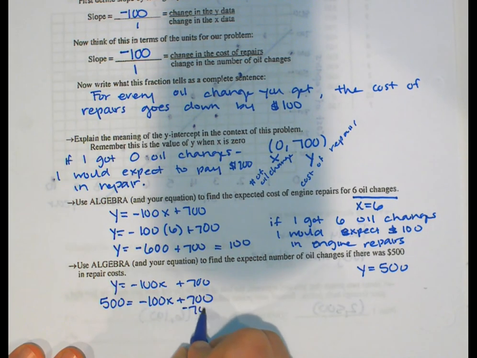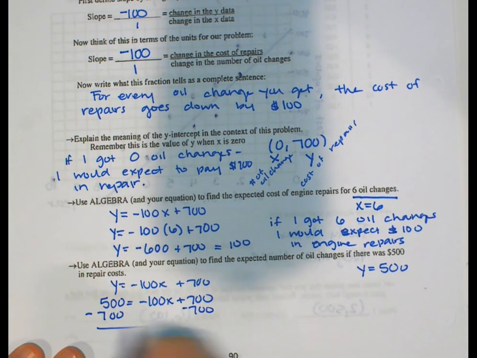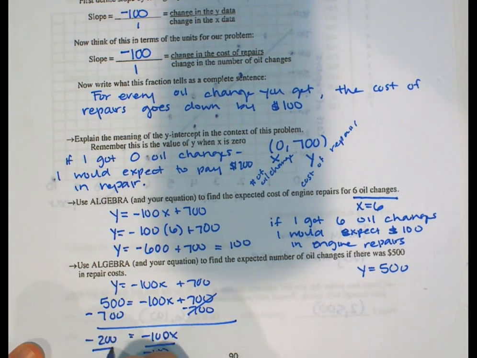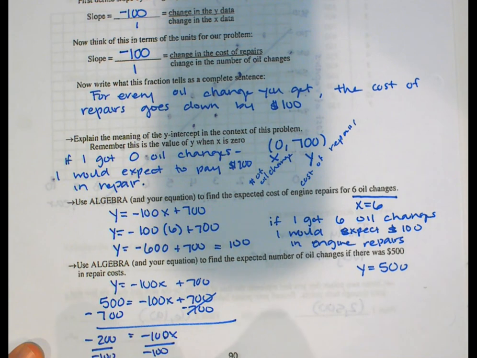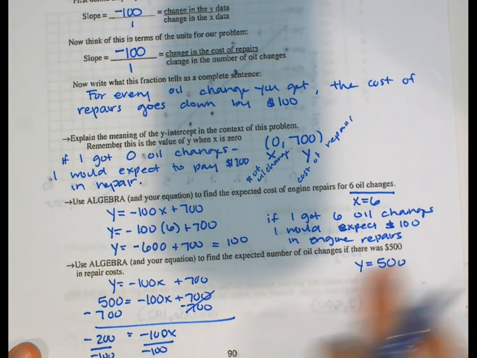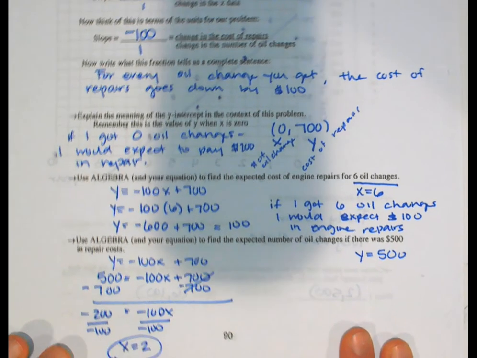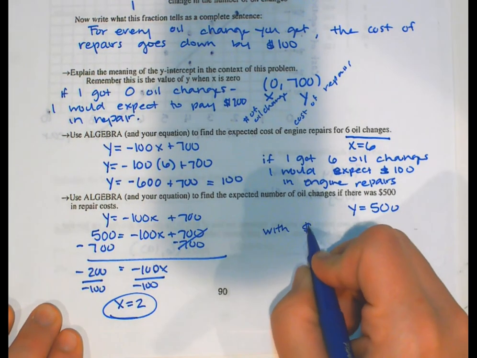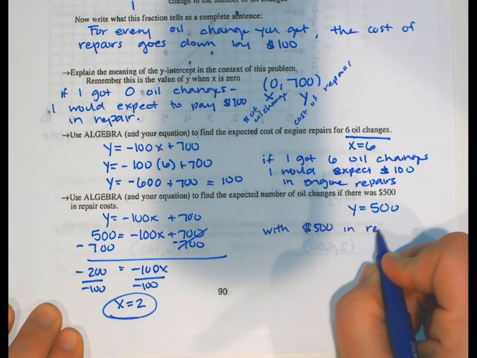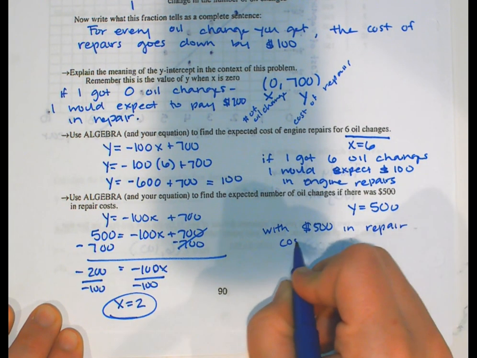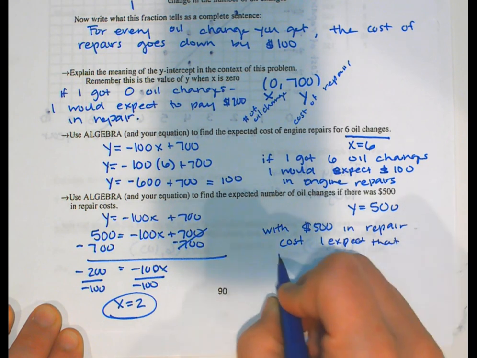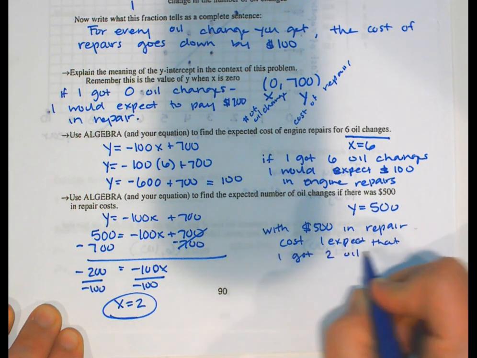So I'd subtract 700, and then I divide by negative 100. So I get x equals 2. So with $500 in repair cost, I expect that I got 2 oil changes that year.